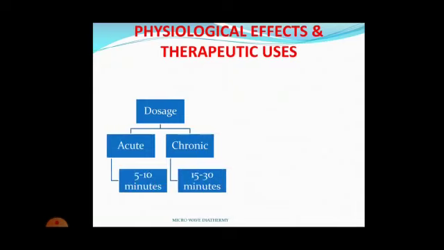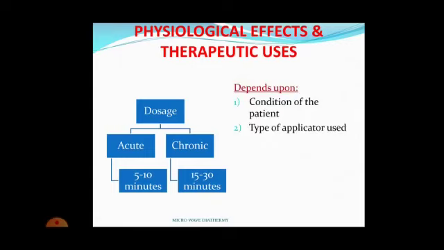For acute conditions, the dosage should be 5 to 10 minutes, and for chronic conditions it should range from 15 to 30 minutes. Now this also depends on the condition of the patient, because many times patients are not capable enough to maintain particular positions for 15 to 30 minutes. So in that case you will have to modify. Clear?